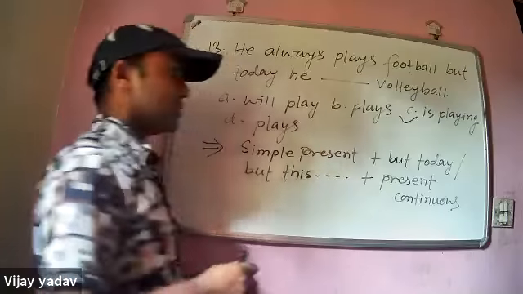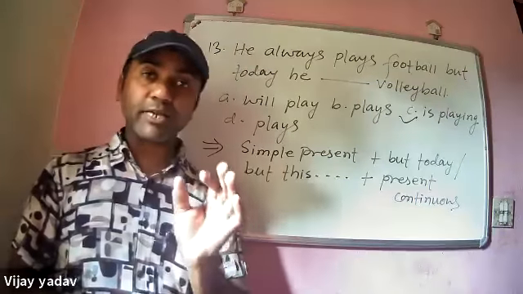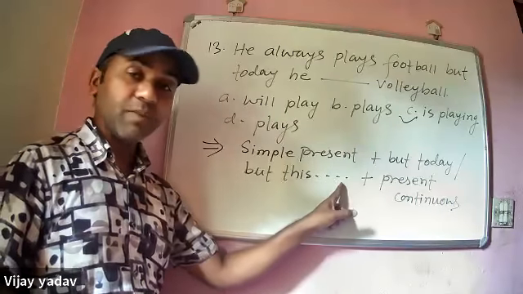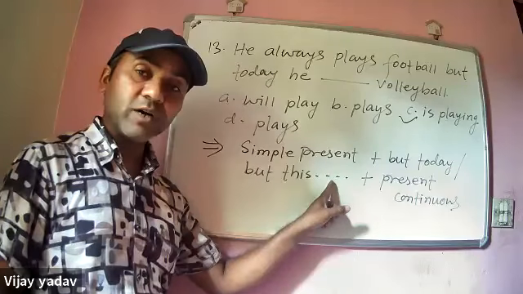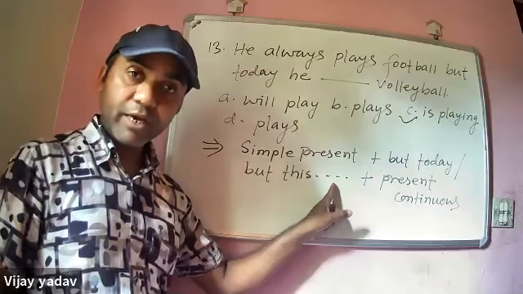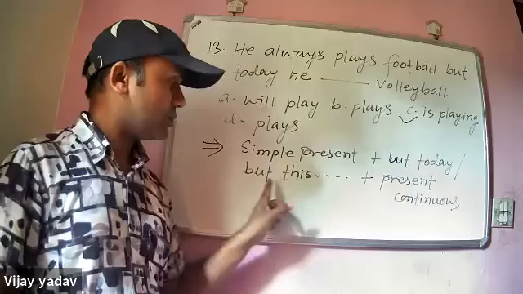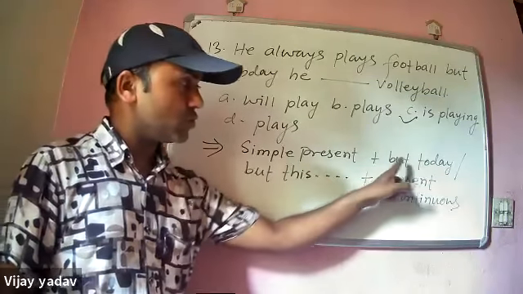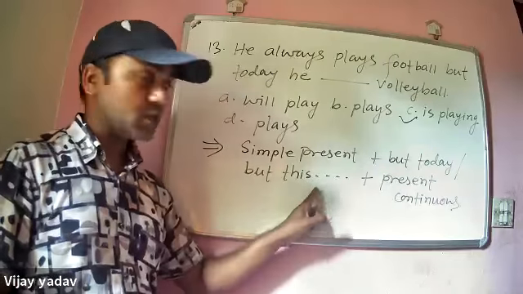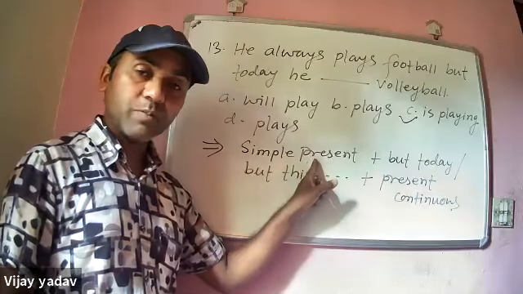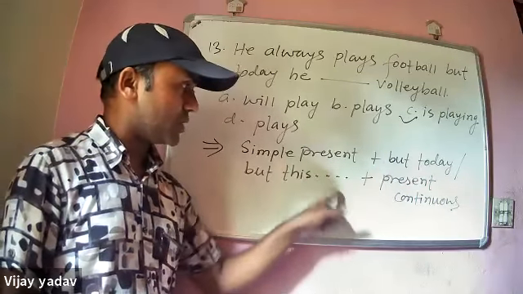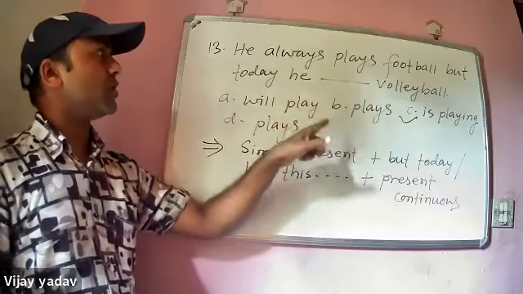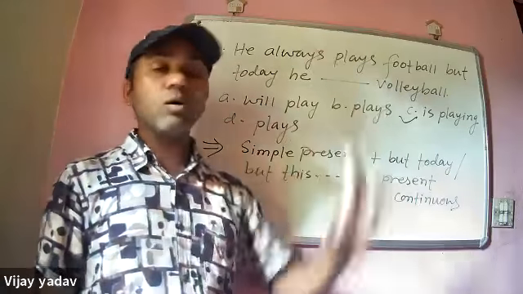It means if two clauses are joined by but today or but this, after this you have a blank space. In this blank space, what do we use? Morning, evening, afternoon, etc. But this morning, but this afternoon, but this evening. So if two clauses are joined by but today or but this, before but today, but this, we use simple present, and after but today or but this, we use present continuous. So that's why here he always plays football, but today he is playing volleyball.